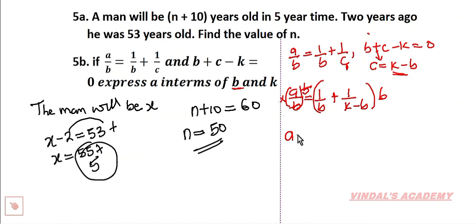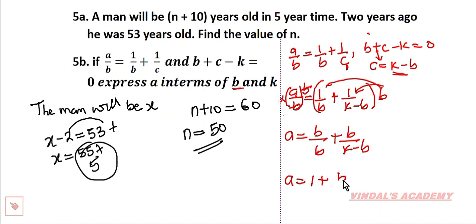I have that A is equal to B times this one, B all over B, plus B times this one, B all over K minus B. So B over B is 1, so A is going to be 1 plus B all over K minus B. And remember, my answer is only in B and K.